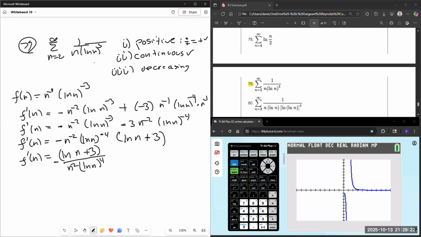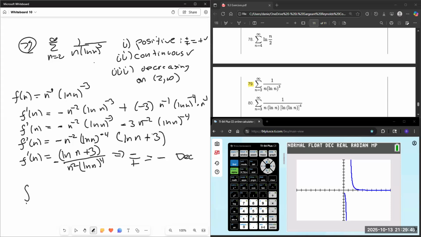So ln of n plus 3 will be positive, n squared will be positive, ln of n raised to the fourth will be positive. So this is a negative divided by a positive, which will be a negative, and it will always be decreasing on 2 to infinity. So positive, continuous, and decreasing on 2 to infinity.